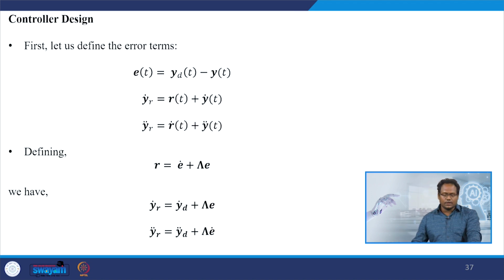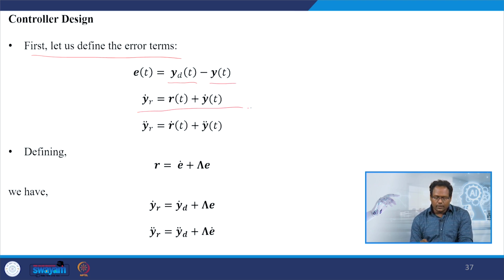Now, for the controller design, first let us define the error term E of t, which is given by the discrepancy between the desired output and the network output, and y_r dot is given by defining a term y_r dot, which is given by r of t plus y dot of t, where r is nothing but the filtered error of the tracking error E. So, y_r double dot from this second equation is given by r dot of t plus y double dot of t.